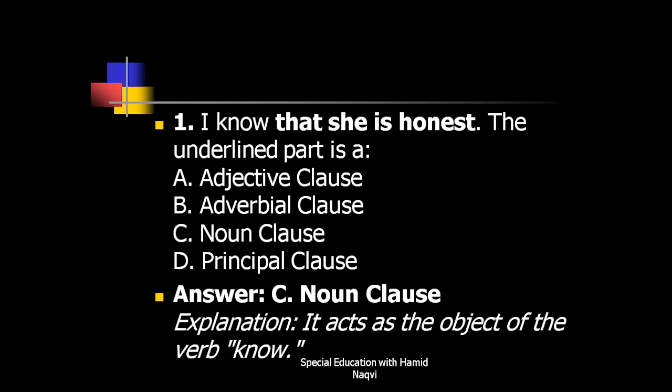It acts as the object of the verb know. I know that she is honest. So this clause is qualifying the verb know. That's why we say that it is a noun clause, that she is honest. It acts as the object of the verb know.